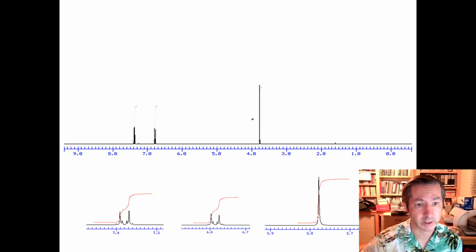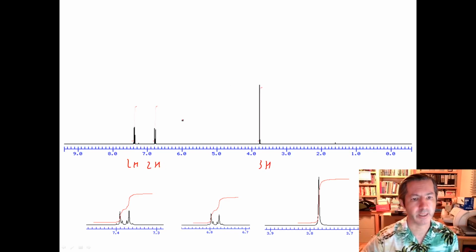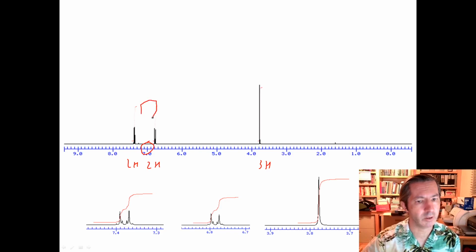And what that tells us is that we have 2 hydrogens in this environment, 2 here, and 3 here. Now here's something interesting. With 7 carbons, this has to be an aromatic ring. And we have to have 4 hydrogens on that ring. So that means one of our puzzle pieces looks like this.